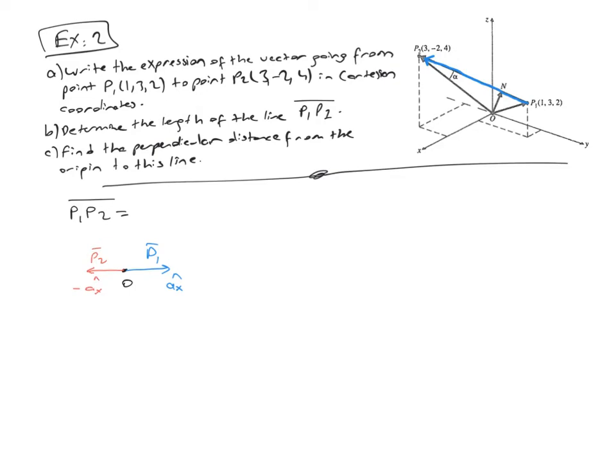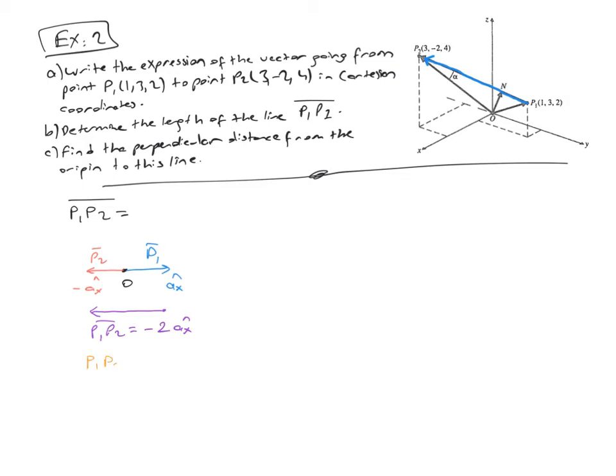As seen from the figure, our starting point is P1 and our end point is P2. So vector P1P2 is in the direction of minus x and its magnitude is equal to 2.